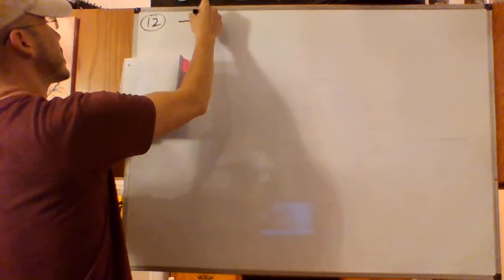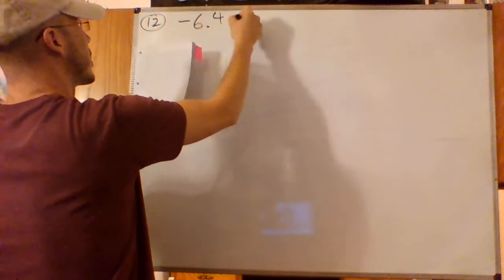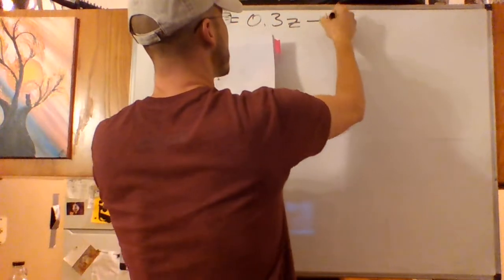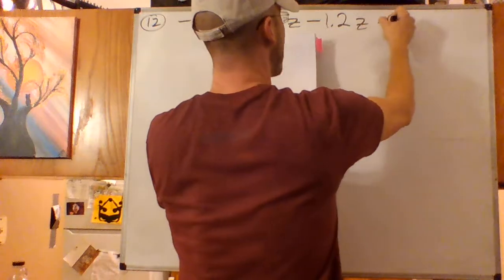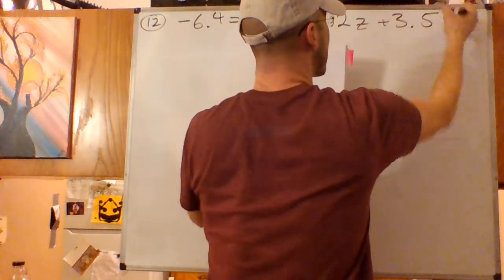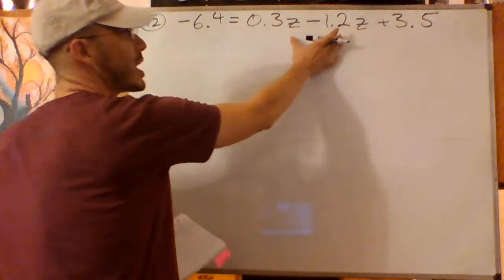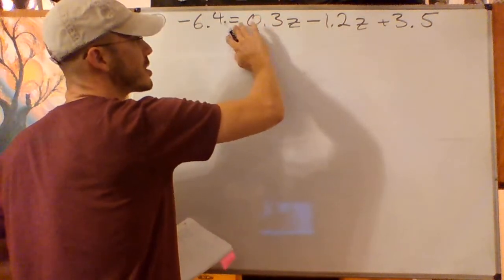For my number 12, I got negative 6.4 equals 0.3z minus 1.2z plus 3.5. And again, I can combine like terms here. They're on the same side of the equation.